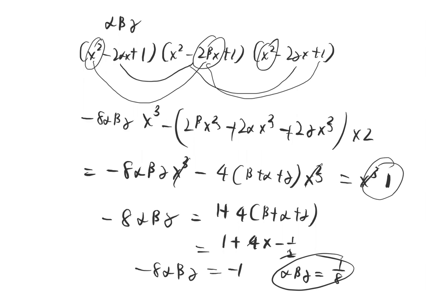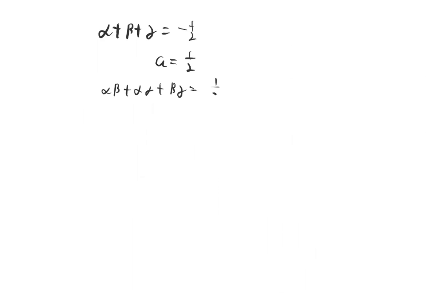So at the end, what we have is alpha plus beta plus gamma as negative a half, which means a is a half. Alpha beta plus alpha gamma plus beta gamma as also a half, I think. Negative a half, in fact. So b is negative a half. And finally, c is basically the product, which is negative 1 over 8.